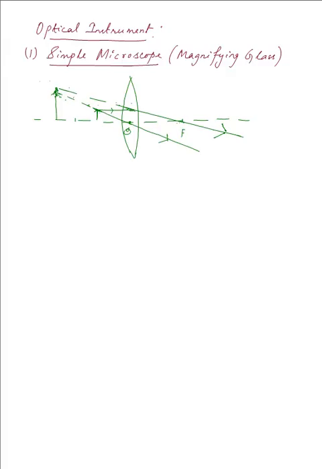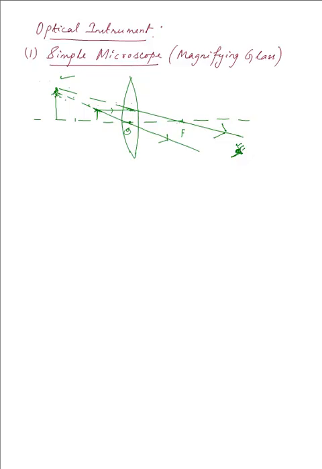So we have this image formation, and probably this is the eye of the observer who is trying to observe the image. And he will be observing this image, which is enlarged and virtual, because the rays are not actually meeting, they have been produced backward.